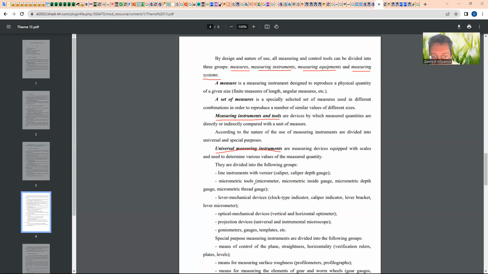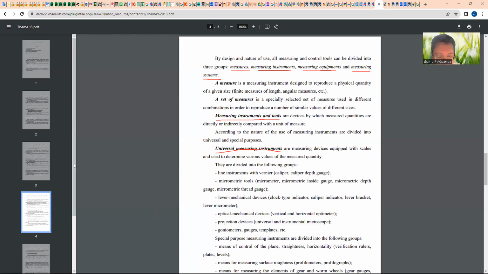Lever mechanical devices: clock type indicator, caliper indicator, level bracket, level micrometer. Optical mechanical devices: vertical and horizontal optimeter, projection devices, universal and instrumental microscope. Goniometers, gauges, templates, etc.